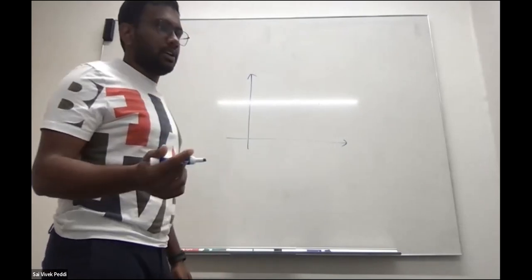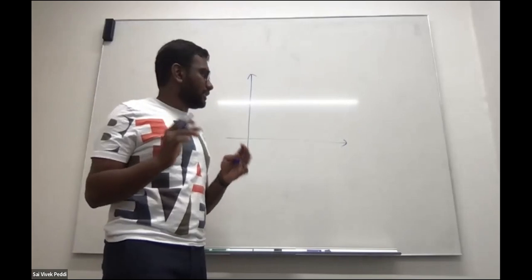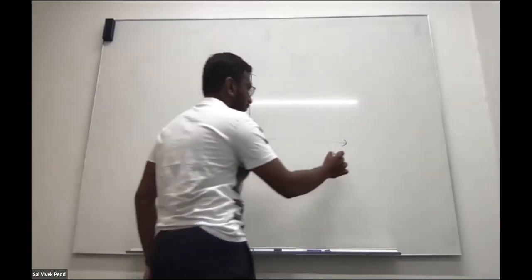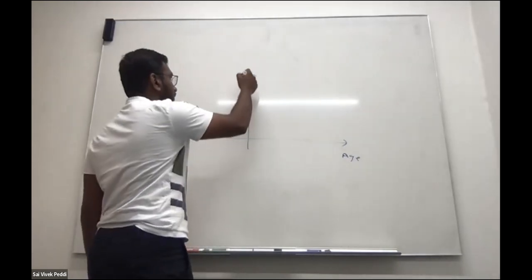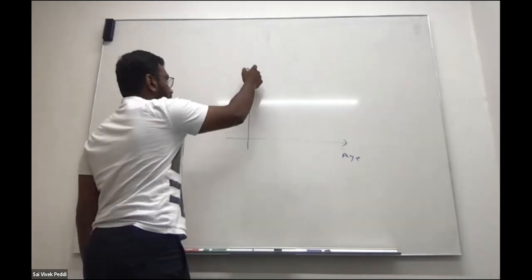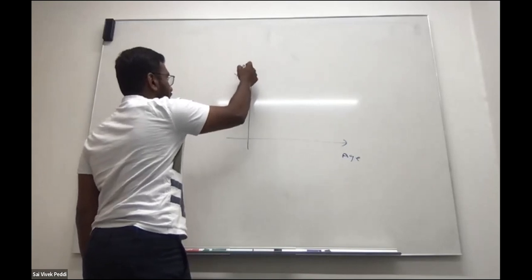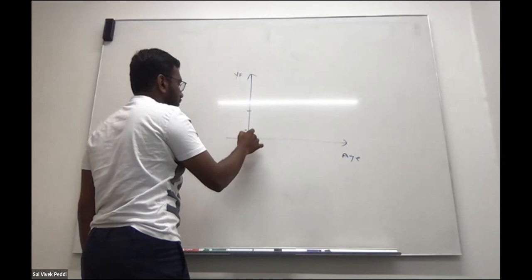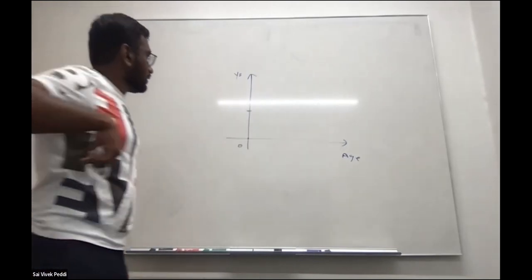If we forget about all other features and just concentrate on one feature, let's say that feature is age. And let's say this is the y variable, which is nothing but whether a person survived or not. It will take, let's say, two values, 1 or 0.